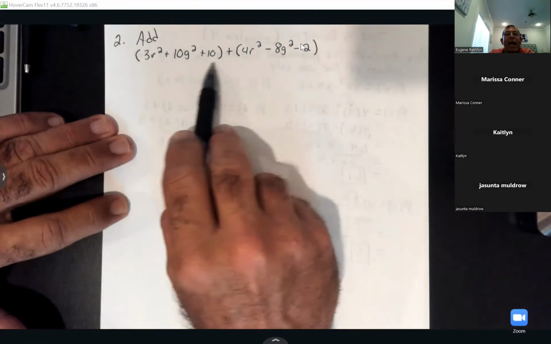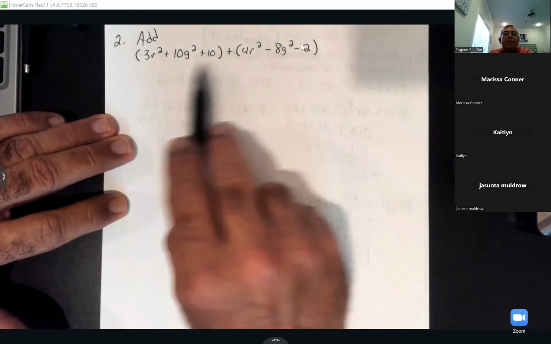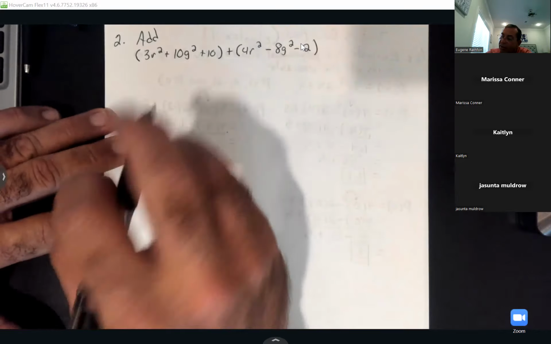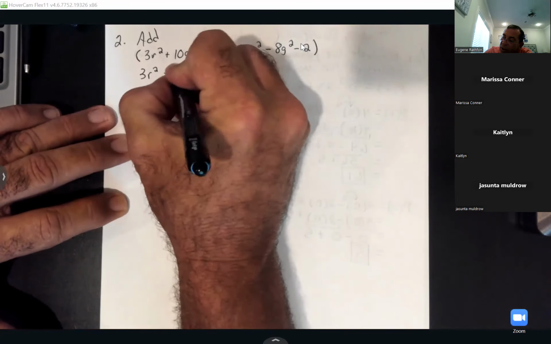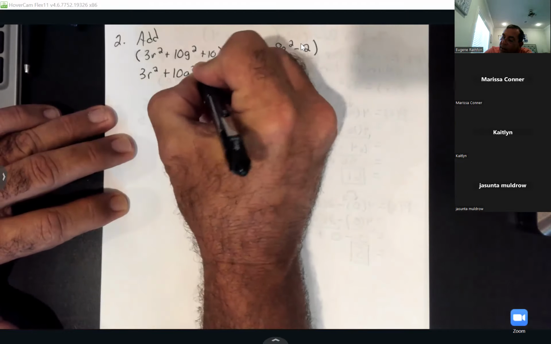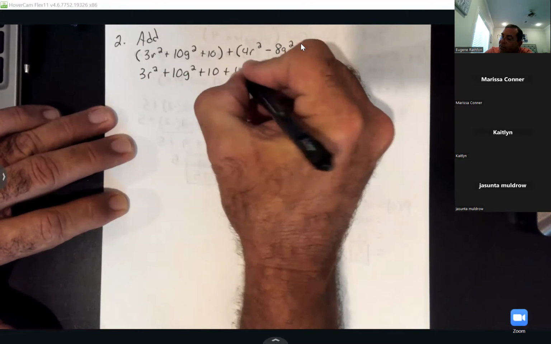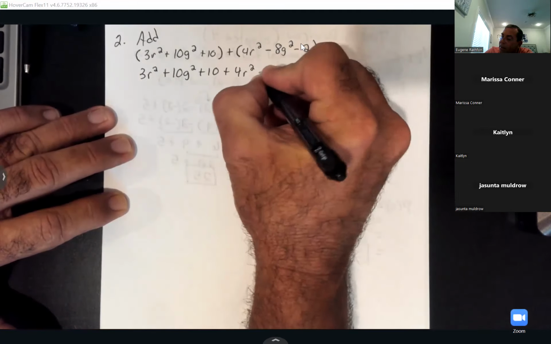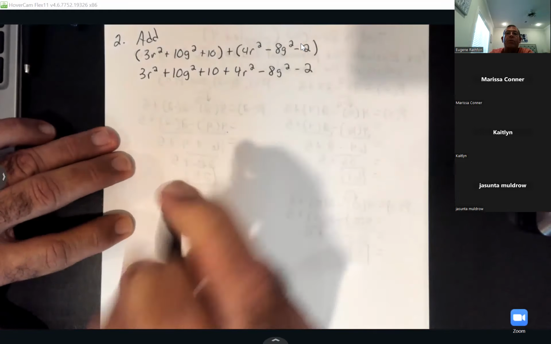So remember, when you're adding, we can drop the parentheses and everything keeps the same sign as it had inside the parentheses. So we'll have a 3r squared plus 10g squared plus 10, plus my 4r squared minus my 8g squared minus 2.